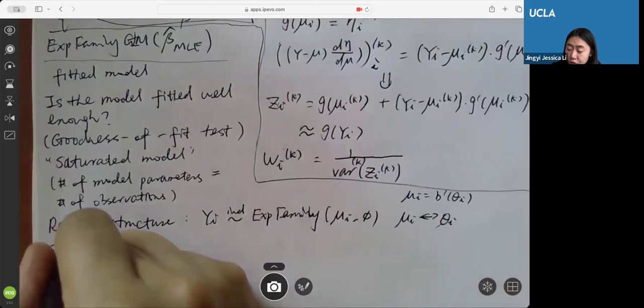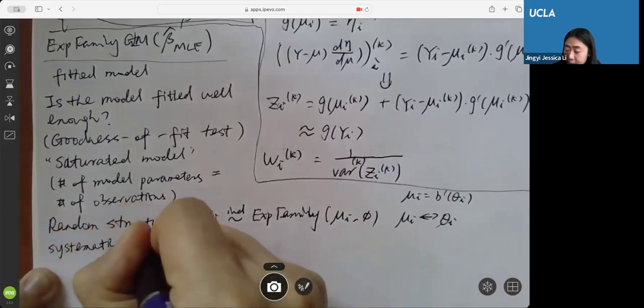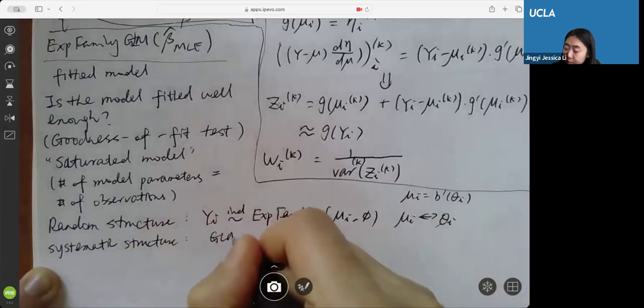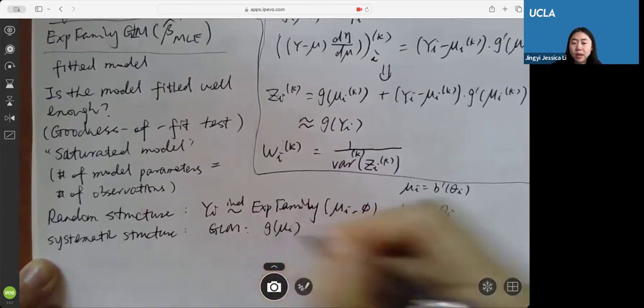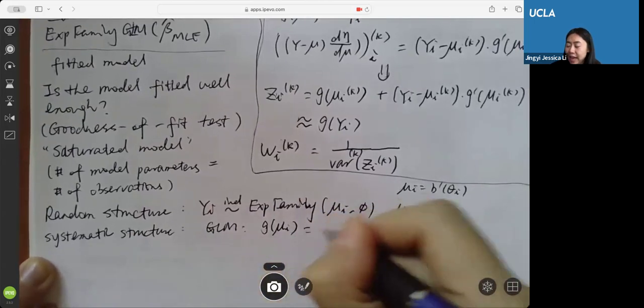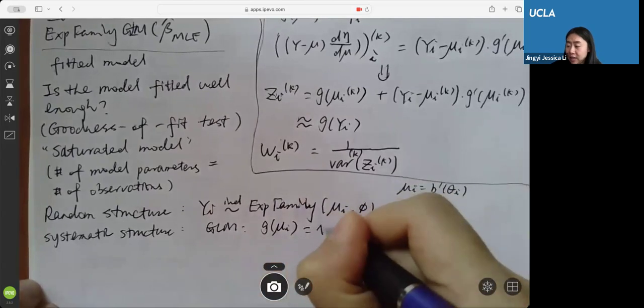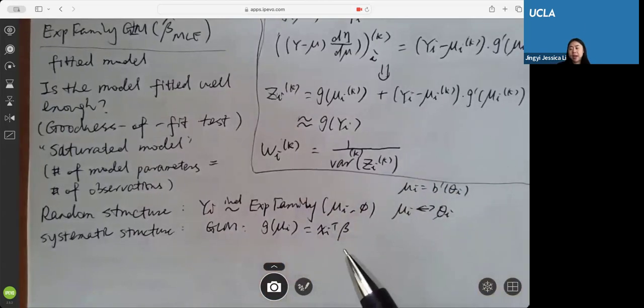For the systematic structure, that's the key. In GLM, we assume g of mu_i, the transformed mu_i, is a linear combination of predictors, x_i transpose beta. The key thing to pay attention to is that beta is shared by all i's.